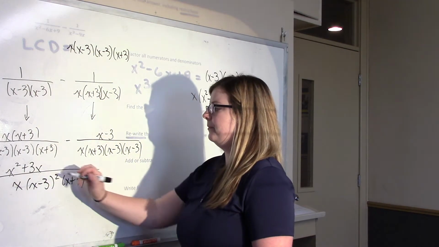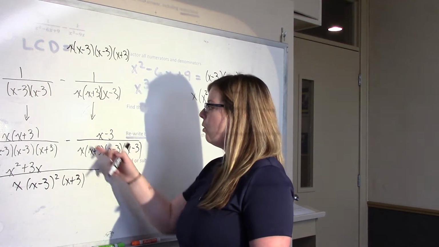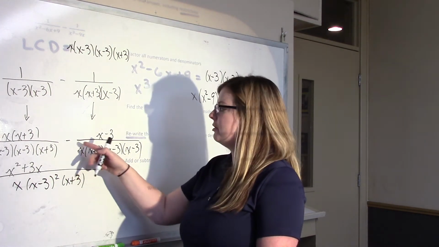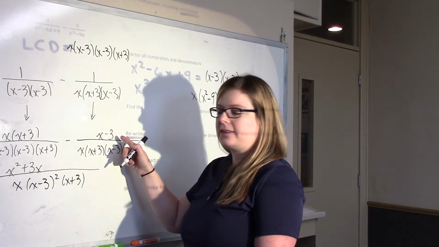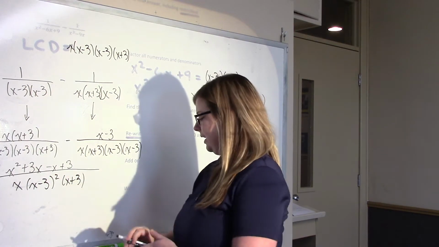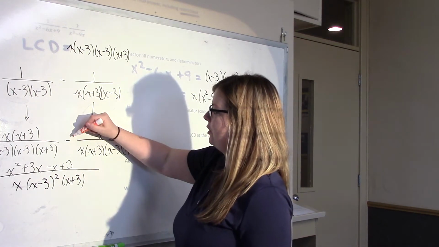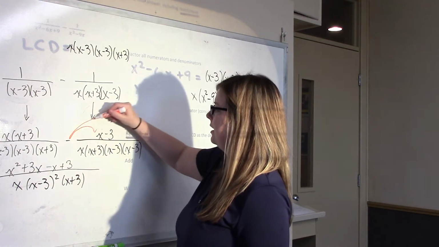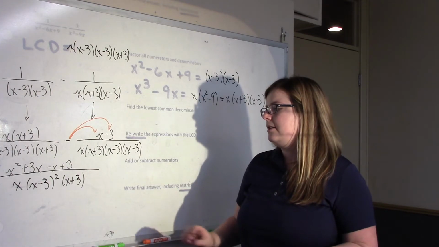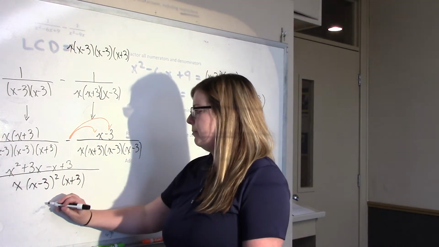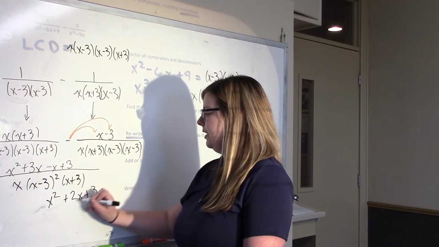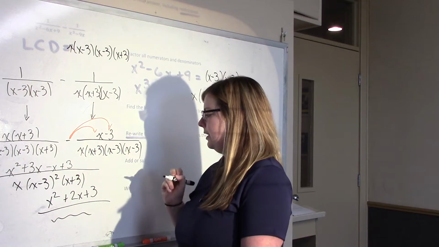Now be careful. Notice this whole expression is subtracted. So that means this negative is distributed to the x and to the minus 3. So this becomes minus x plus 3. So if you need to highlight that on your work here, show that that negative applies to both of those terms. Okay? So now you can collect both terms at the top. You get x squared plus 2x plus 3 over your denominator.